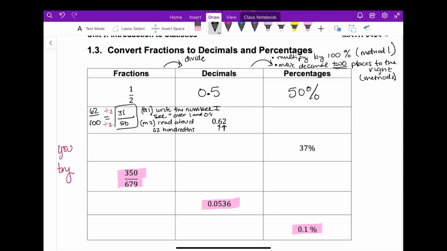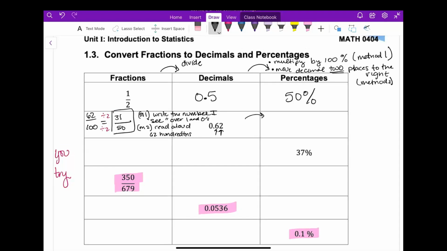Okay, going from decimal to percent. We already have our method written down. You're either going to multiply by 100% or you're going to move the decimal 2 places to the right. Since I did the multiplication earlier, I'm just going to do the movement now. So I'm going to go 1, 2. One of the things that I often see is students will still put a weird extra decimal place.